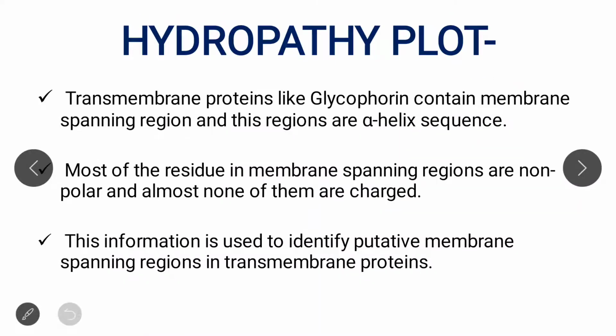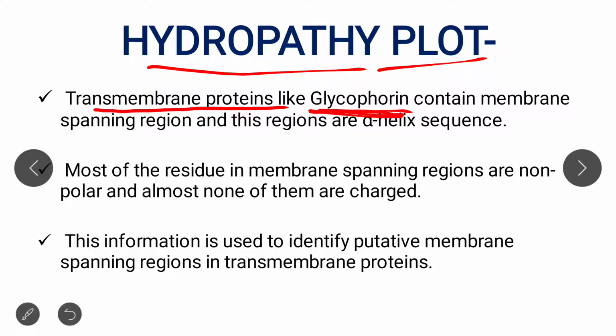First of all, I want to make it clear that a hydropathy plot is basically a graphical representation through which you can come to know about the segments of transmembrane proteins like glycophorin.